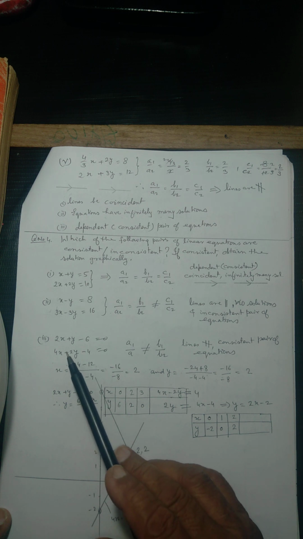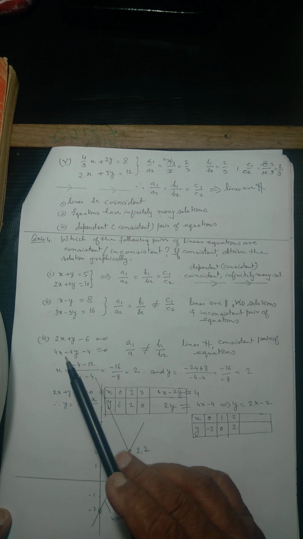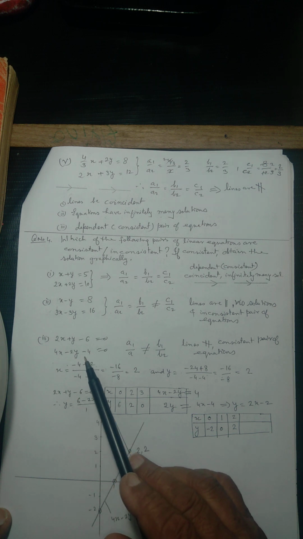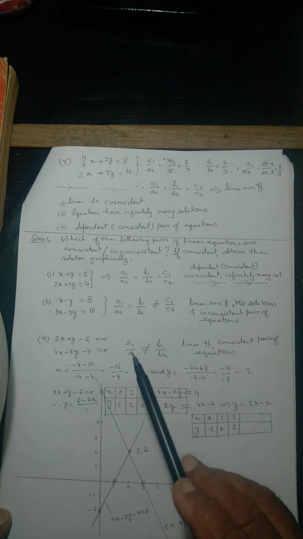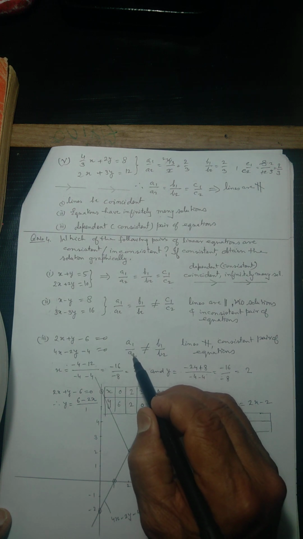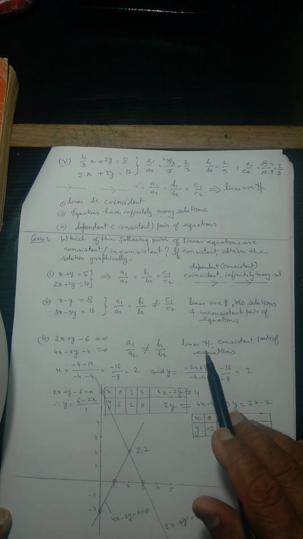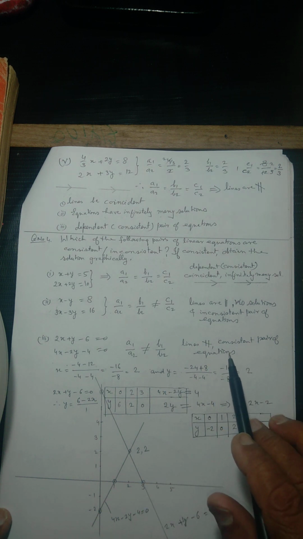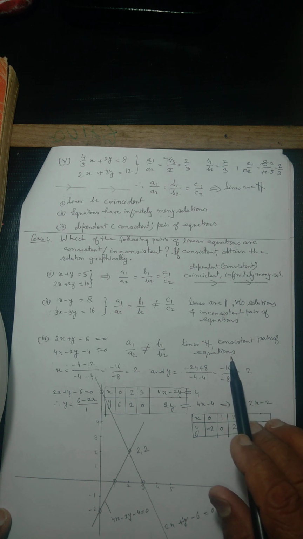Third part, that is 2x plus y minus 6 equal to 0, 4x minus 2y minus 4 equal to 0. Now you see that a1 by a2 is not equal to b1 by b2. The lines are not parallel. Consistent pair of equations is there.